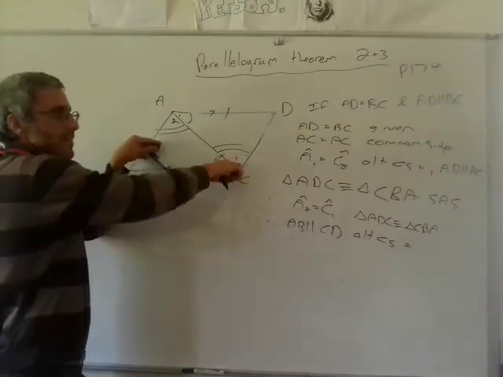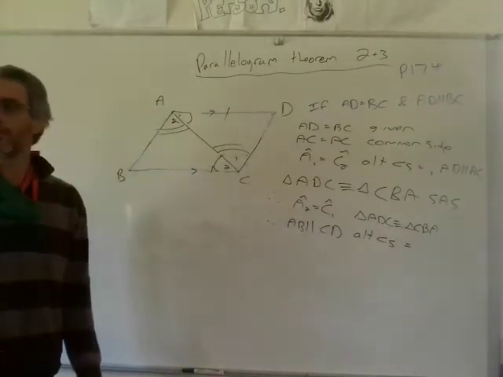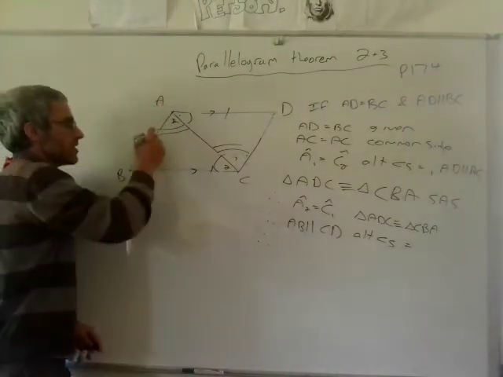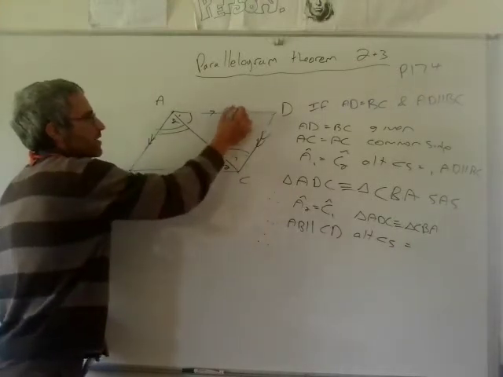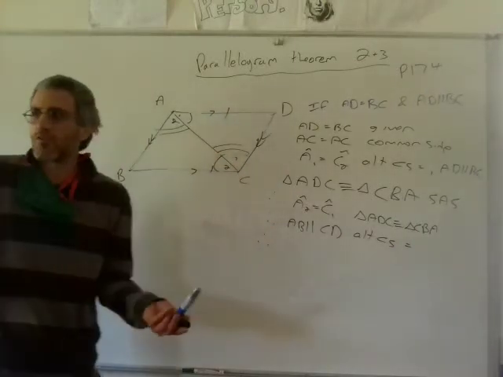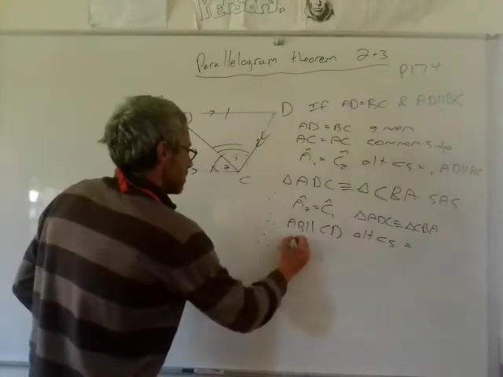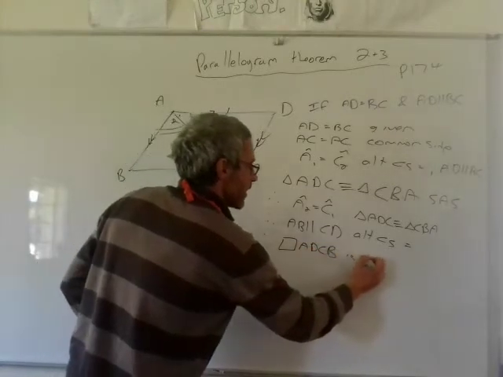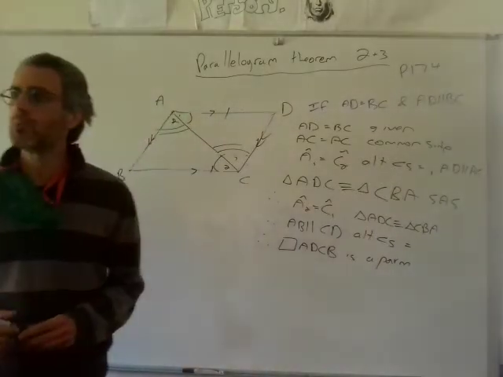Because these are alternating angles, and I proved that they're equal, therefore these two lines are parallel. And now, because I know this is parallel to that, and I know that this one is parallel to that, I've got two pairs of parallel lines. Obviously, that's a parallelogram. Okay? So therefore, ABCD is a parallelogram. And that's the definition of a parallelogram, right? Two pairs of parallel lines.